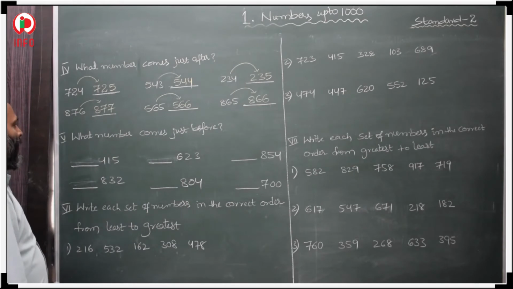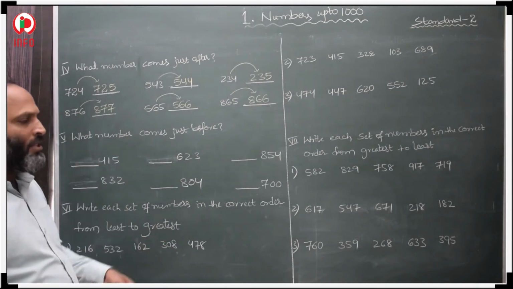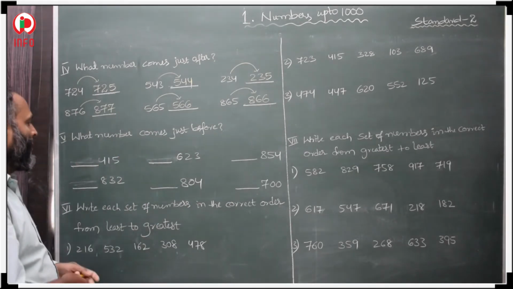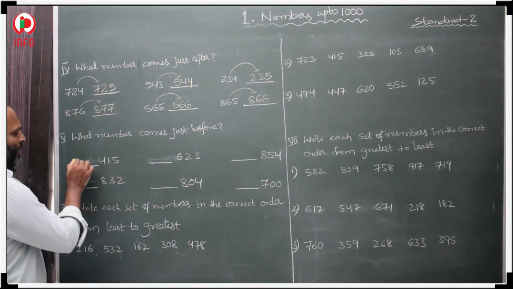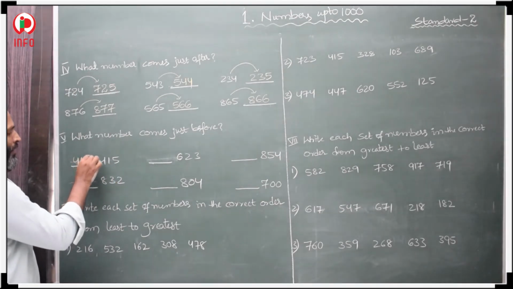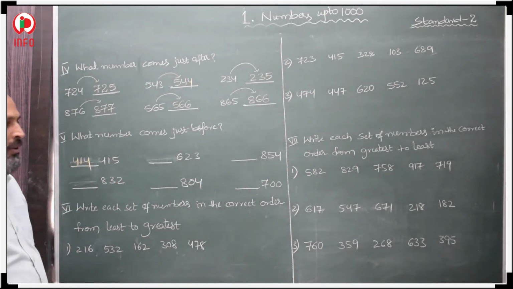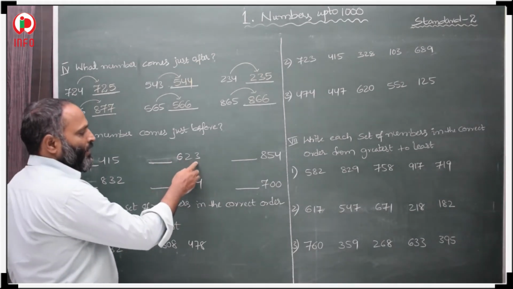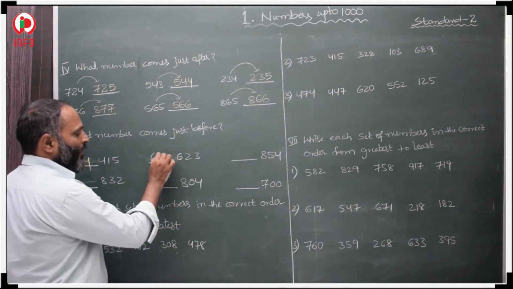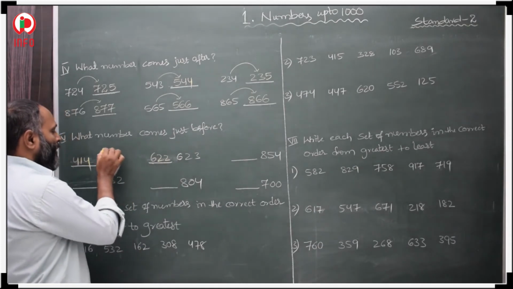Then in the next, what number comes just before? Here 415, 414 will come. 623, before is 622.